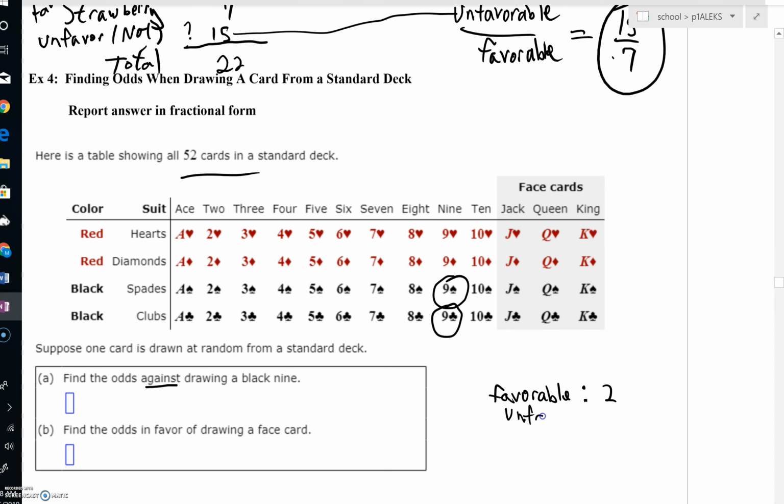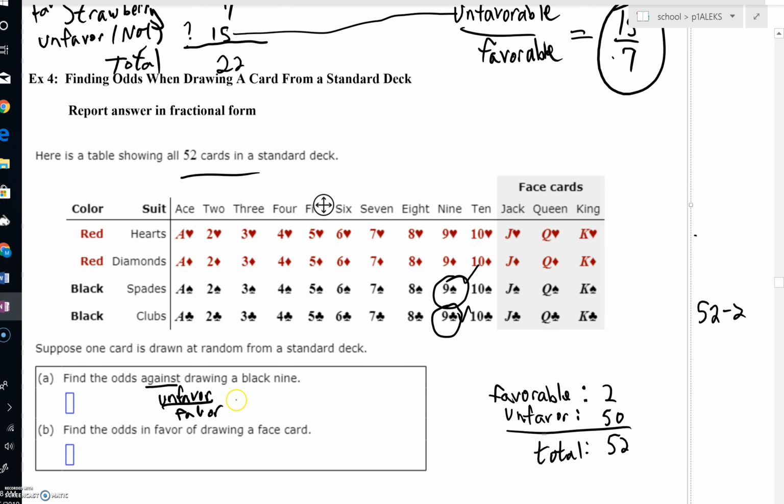How about for our unfavorable? Well, only 2 of these would be good. There are 52 total. So subtract. If you go 52 minus 2, you'll get 50. So there are 50 ways you won't get a black 9. So you want the odds against. So you want unfavorable over favorable. And that's going to be 50 over 2. Now this is where you do reduce, and you'd write 25 over 1.